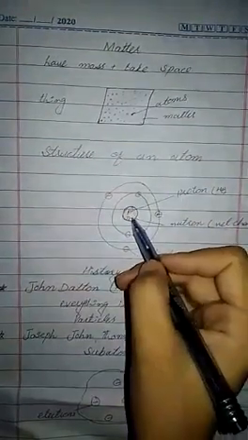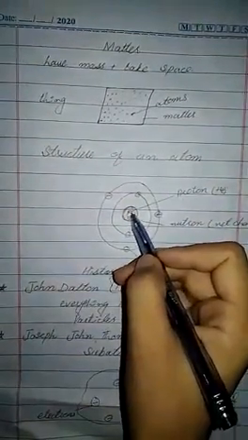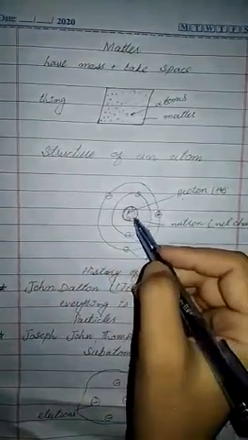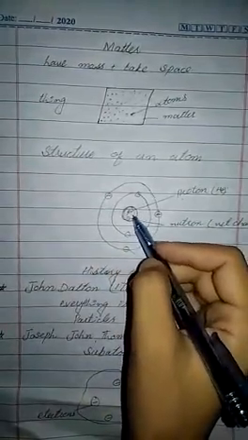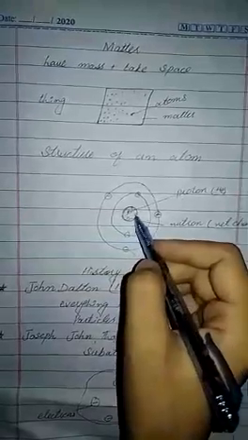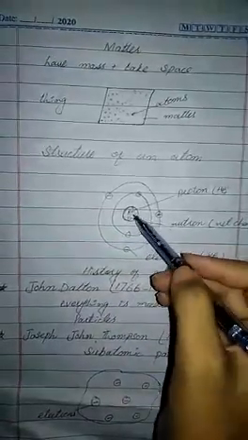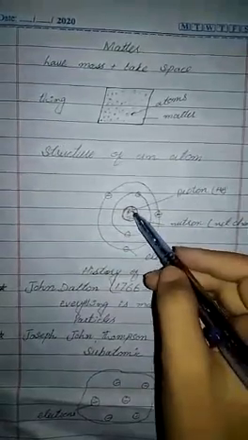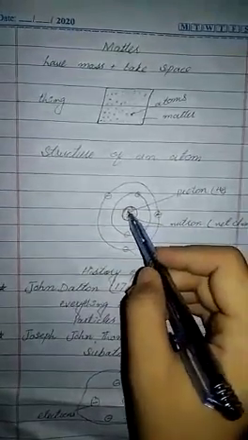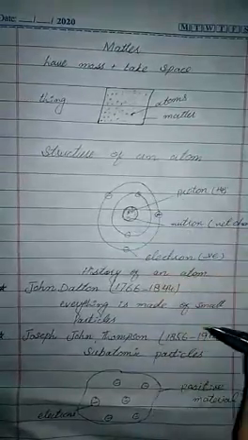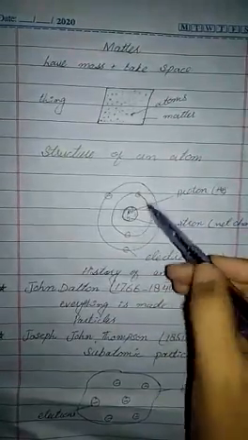So neutron has no charge, proton has positive charge. Proton plus neutron are present in the center, so this center portion is called nucleus of an atom. So students, we can say that nucleus is positively charged because it has positive charge, and neutron has no charge.